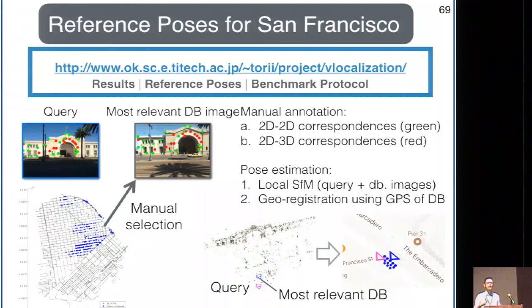But they provide only the labels, and there are no ground truth camera poses. So in this work, we manually made the feature labeling and computed the ground truth camera pose for the query images. Now we can fairly evaluate 2D versus 3D methods.